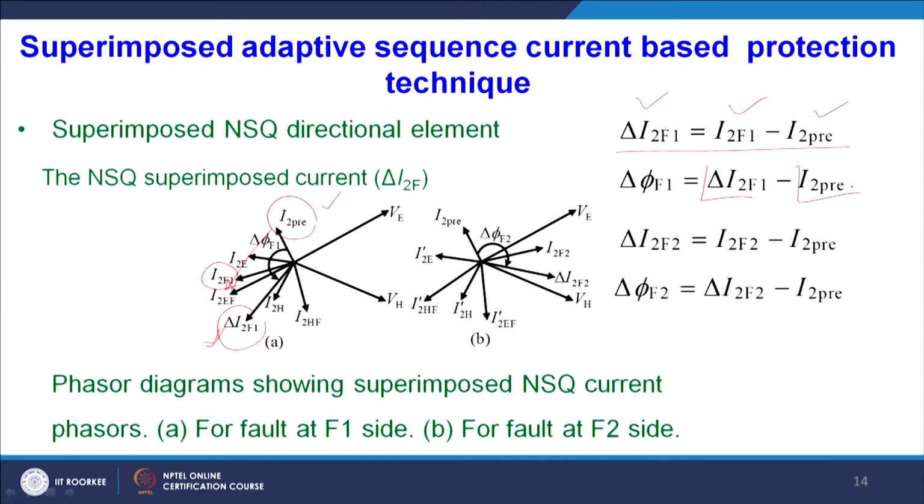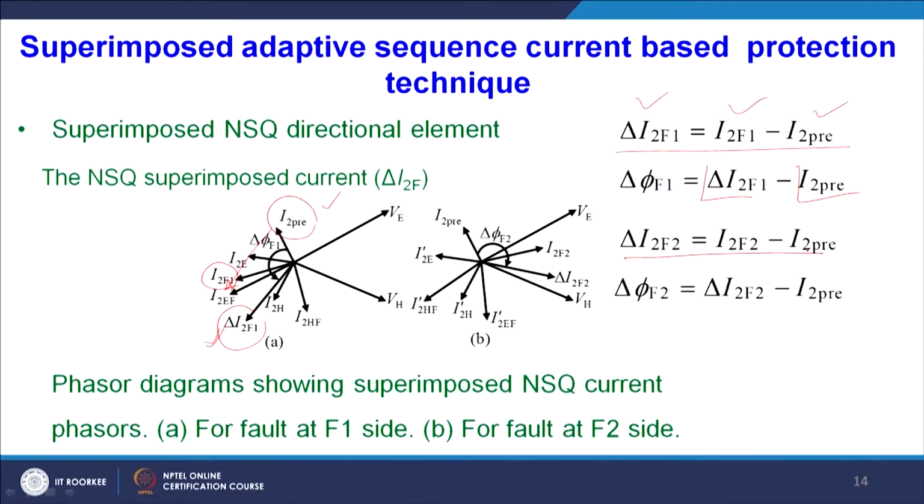This angle is basically our requirement. Similarly, the next superimposed current is delta I2F2, that is I2F2 minus I2 pre. These are all phasor subtractions. Remember, all phasor quantities have magnitude as well as angle.